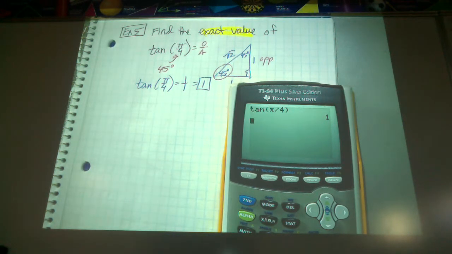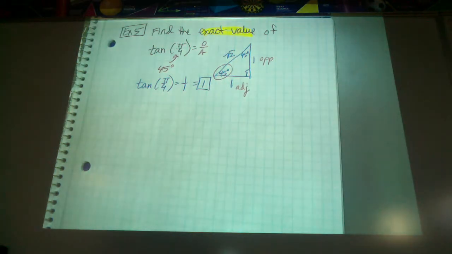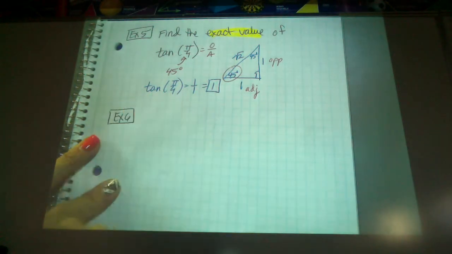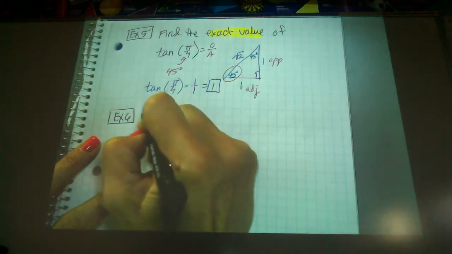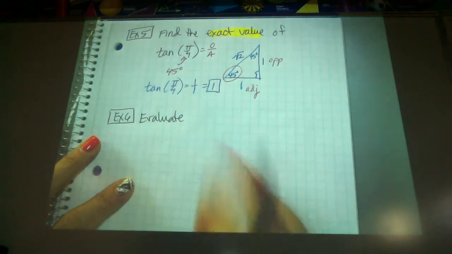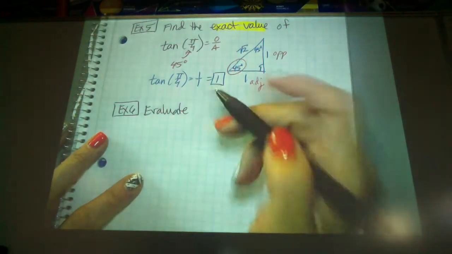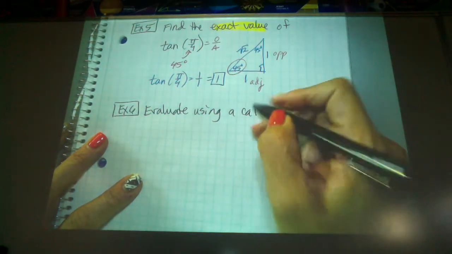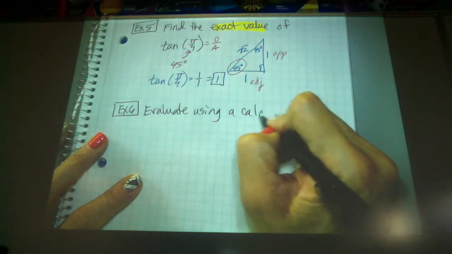Okay. So then let's look at example 6. Example 6, you are for sure using your calculator. And it has multiple parts to it. Write down the directions. Evaluate using a calculator. And Math Excel is pretty clear about whether you're using your calculator or not.